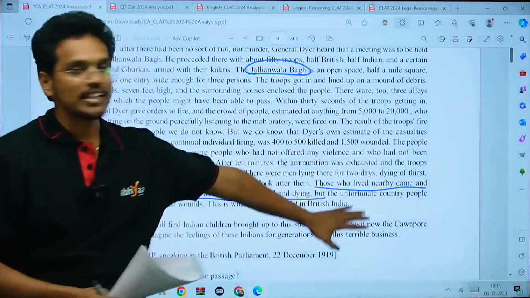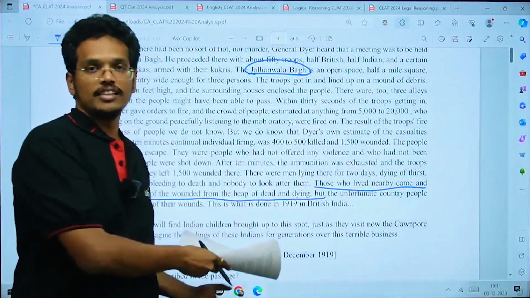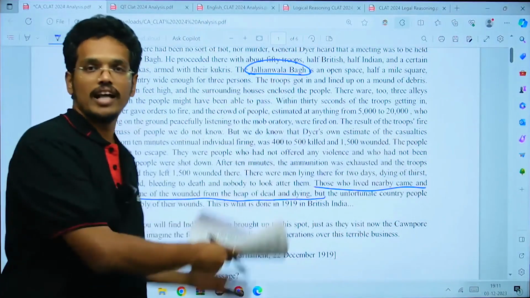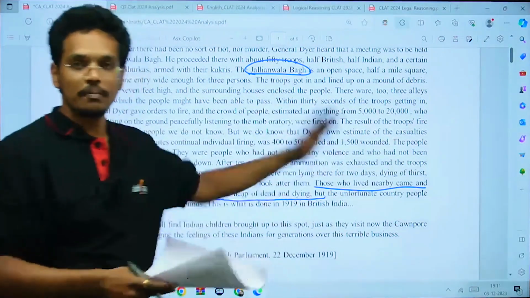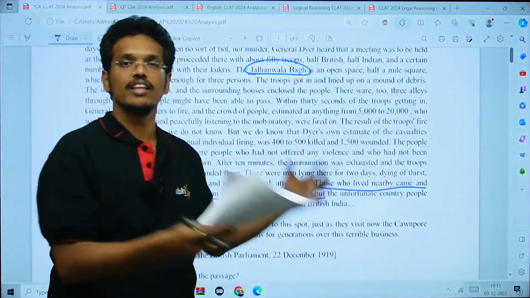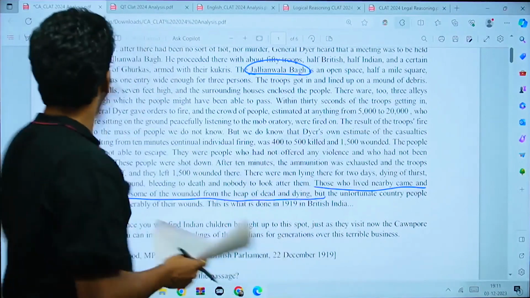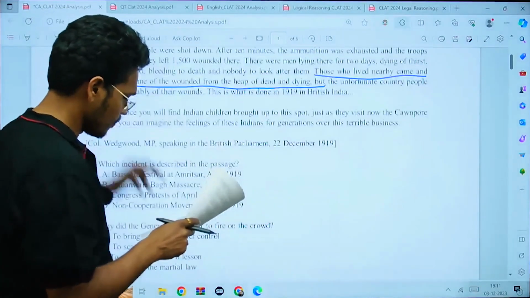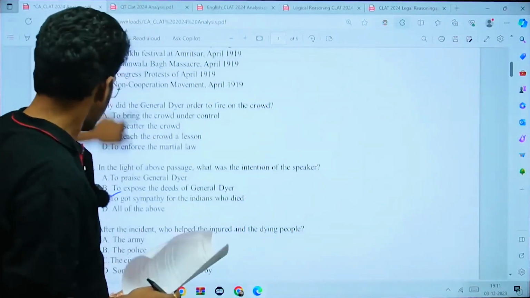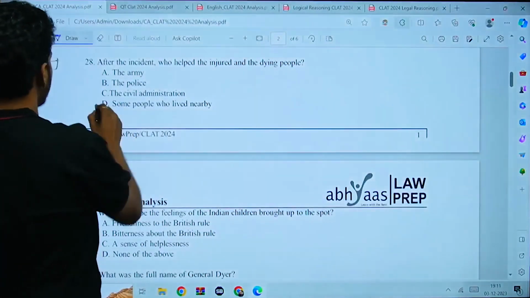If you don't know the issue, you still have the answer from the passage itself. The people staying nearby took the injured people to the hospitals for treatment. The answer is D for this.